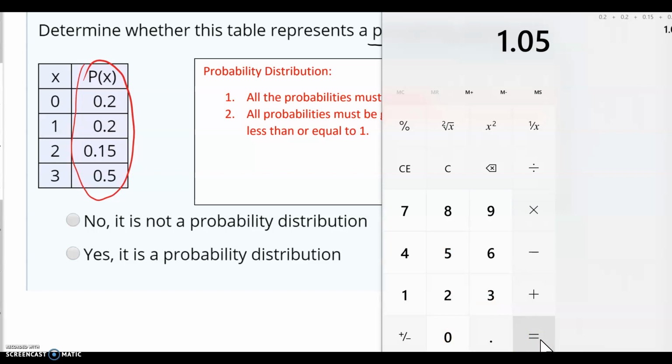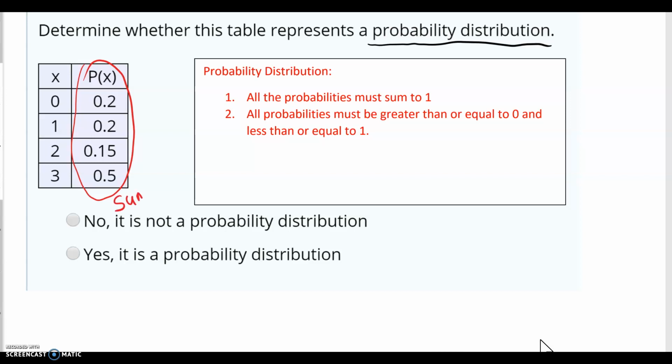Alright, so the sum of these probabilities is 1.05. Remember that the sum must be equal to 1. So this is not a probability distribution.